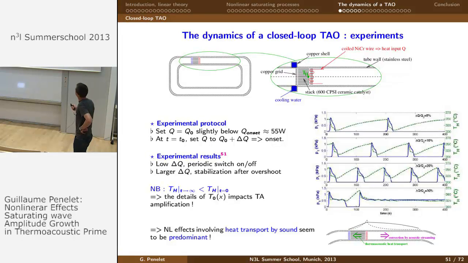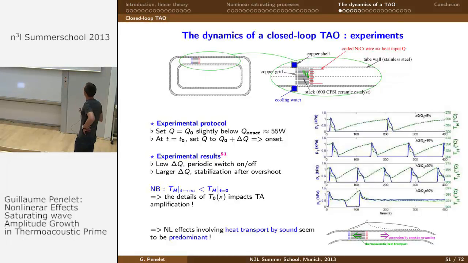What we can see is that at a low increment of heat power, we can observe this spontaneous onset and damping of the acoustic wave. And this onset and damping is accompanied by significant variations of the temperature at the outside of the stack here. For larger values of the heat input, we can reach stabilization of the acoustic wave.